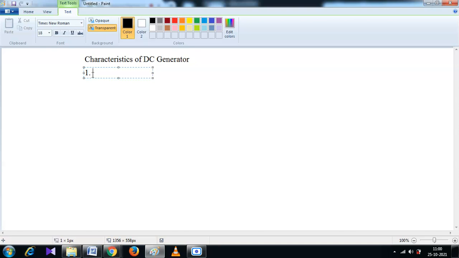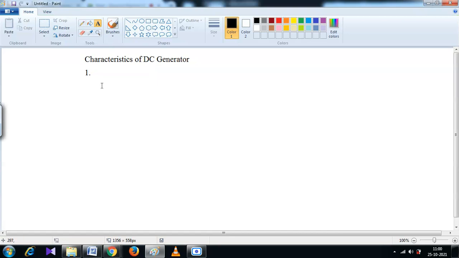Please write down the first characteristic, called magnetizing characteristics.